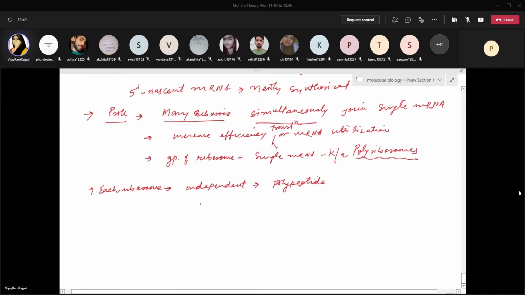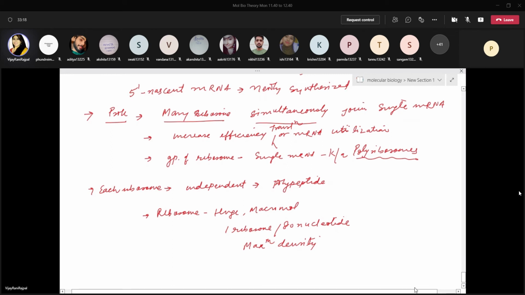Because ribosomes are macromolecules, ribosomes are huge. So one ribosome per 80 nucleotides. That is the maximum density that is allowed, because a ribosome takes space on the mRNA.